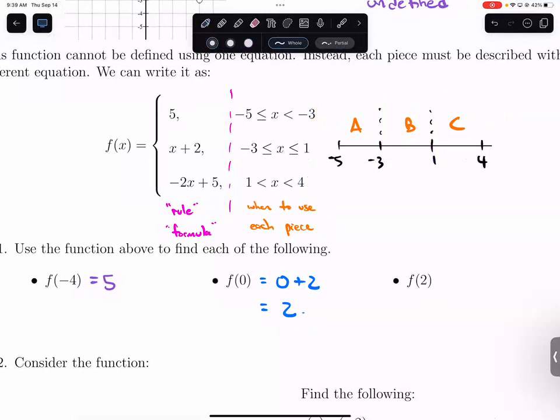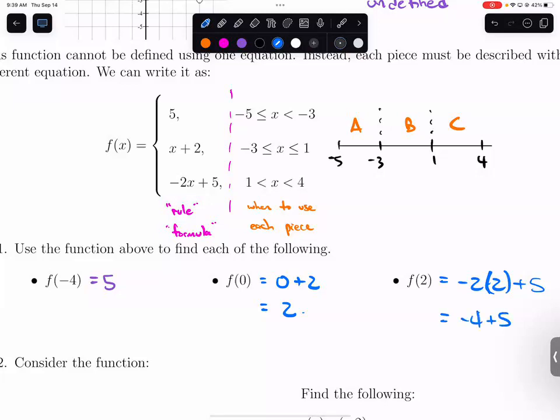So we use that third piece and then plug 2 in as normal, right? Replace x with 2. -4 plus 5 is 1. Okay, so we just decide first which piece to use and then do that.